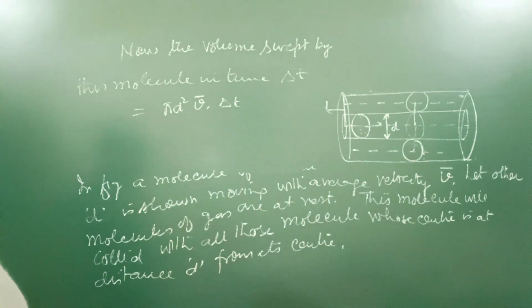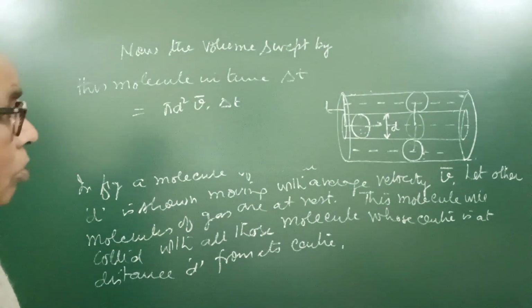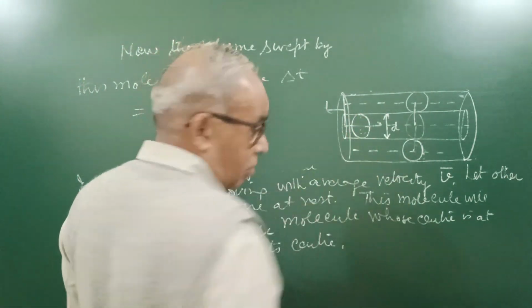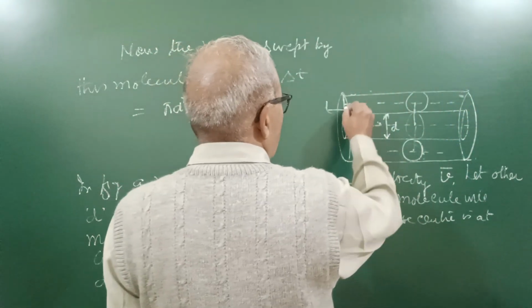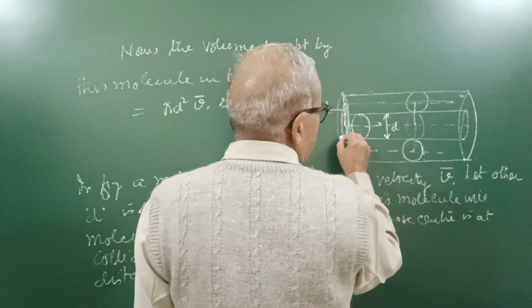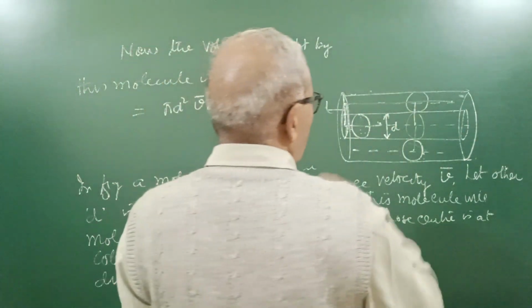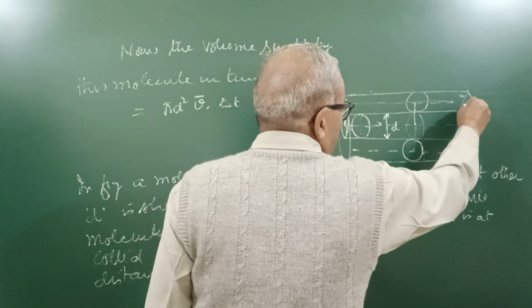You know volume is equal to area of base into height. So this is the area of base. Actually, the diameter of this cylinder will be d, right? Not this one, this cylinder.